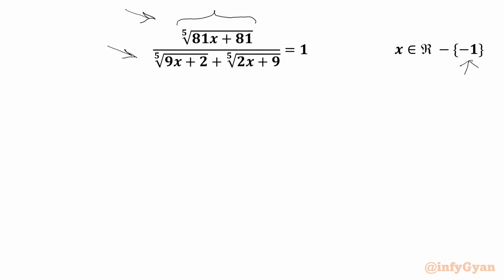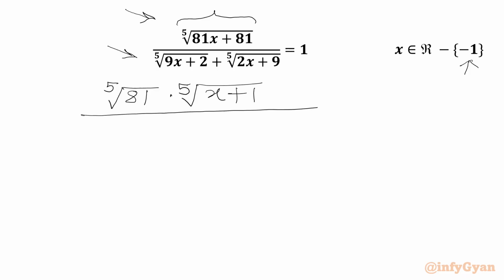So we will write here fifth root of 81 times fifth root of x plus 1 over fifth root of 9x plus 2 plus fifth root of 2x plus 9 equal to 1.